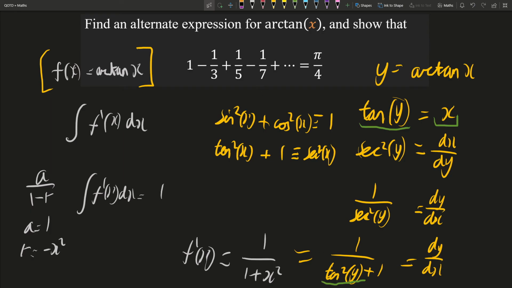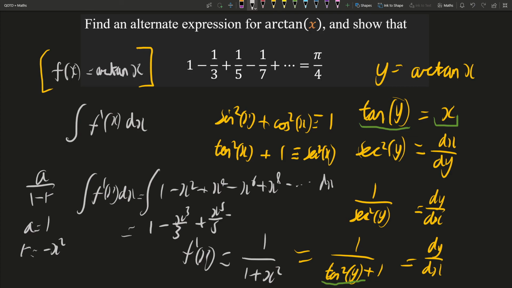We end up with 1 minus x squared plus x to the 4 minus x to the 6 plus x to the 8, and so on. This ends up being x minus x cubed over 3 plus x to the 5 over 5 minus x to the 7 over 7 plus and so on.